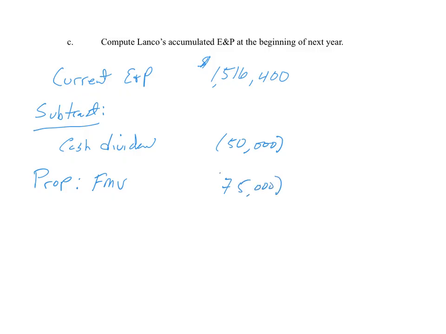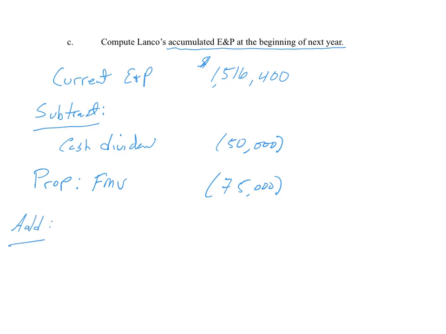Now you might be asking yourself, what about the mortgage? We're going to deal with the mortgage. So these are our two subtractions from current earnings and profits. Remember, we're working our way down to accumulated earnings and profits at the beginning of next year. We've subtracted out our property values from our distributions. Now what do we add?